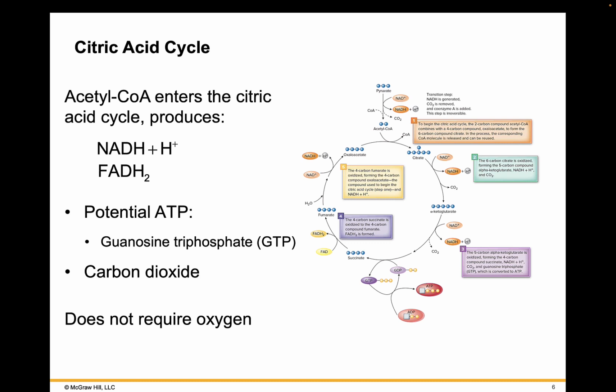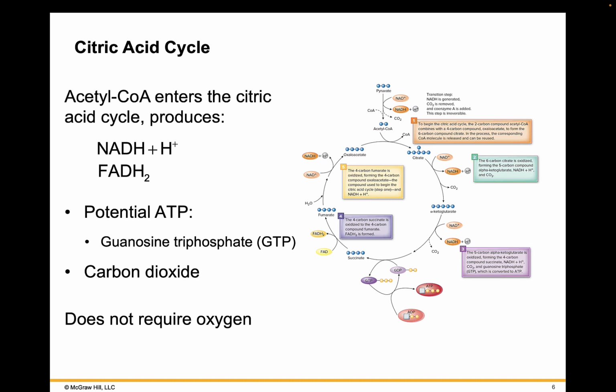And so we will get a lot of electron transport molecules, a total of 6 NADH and corresponding hydrogen ions, and also 2 FADH2s, and not a big producer of ATP. So let's think of the job of the citric acid cycle as the generation of electron transport molecules. Now, we do have products.